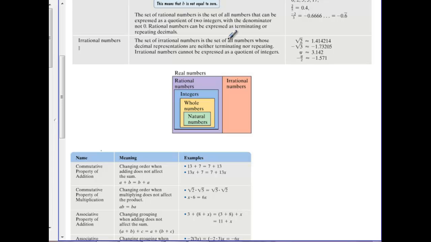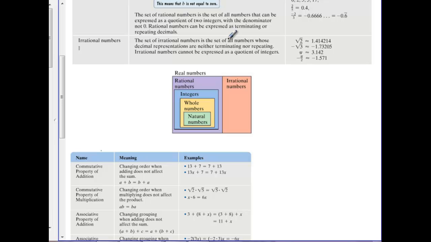Rational numbers are all the integers, positive and negative whole numbers, plus all those numbers in between that can be written as a decimal. The irrational numbers are outside of the rational numbers, but they're still all real numbers because they don't have an imaginary part.